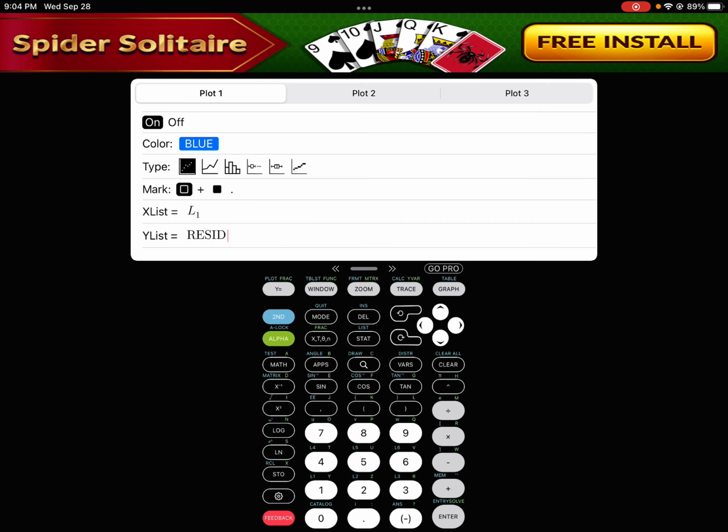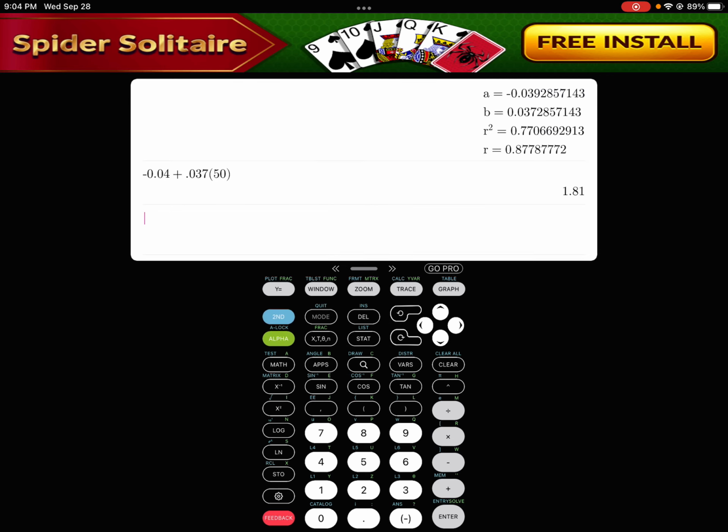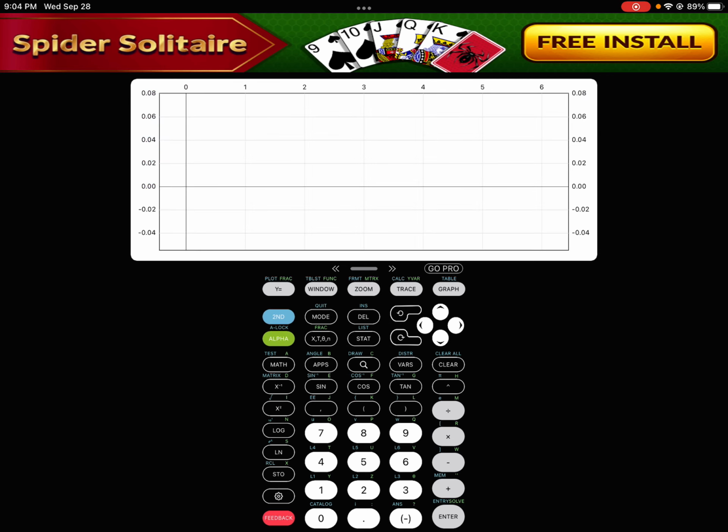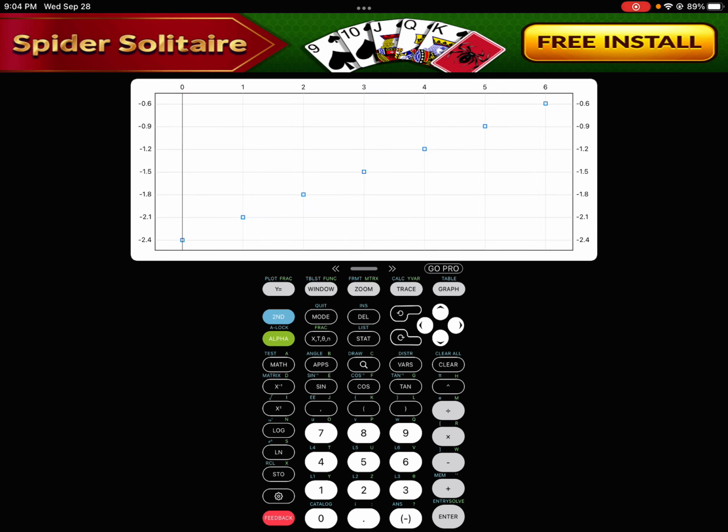Now if I make a scatter plot of this new data, notice what my scatter plot looks like now. This is not x and y. This is not our original number of folds and thickness.